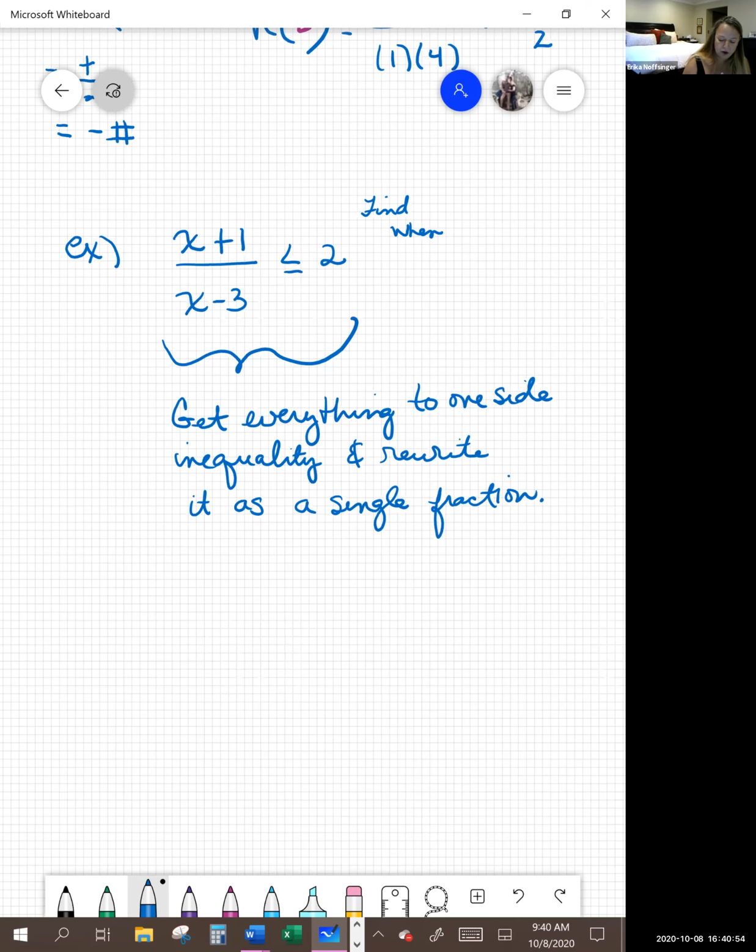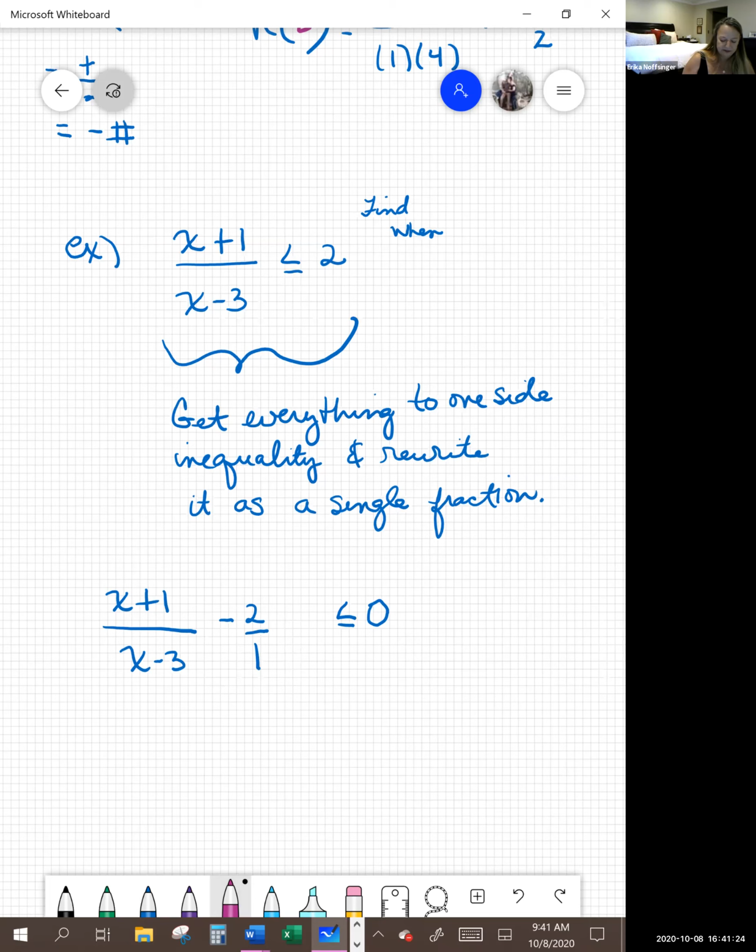Let's subtract 2 on both sides. And so we can rewrite this inequality as x plus 1 all over x minus 3 minus 2. I'm going to leave a little bit of room because I know I'm going to need a common denominator, so that I can multiply that by a fancy 1, is less than or equal to 0. So I need a common denominator in order to add fractions.